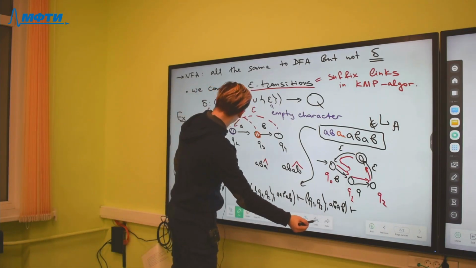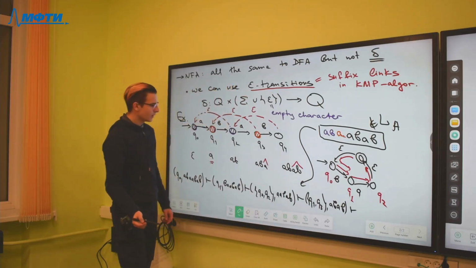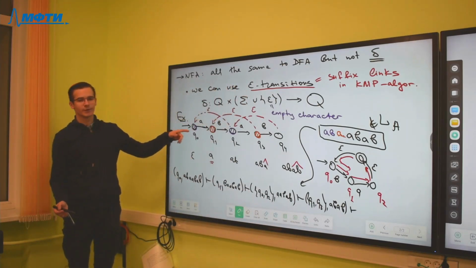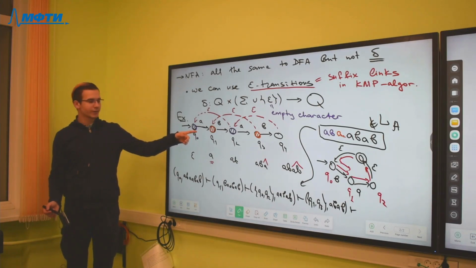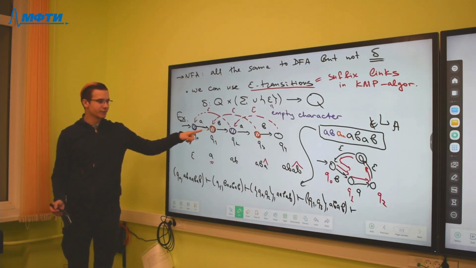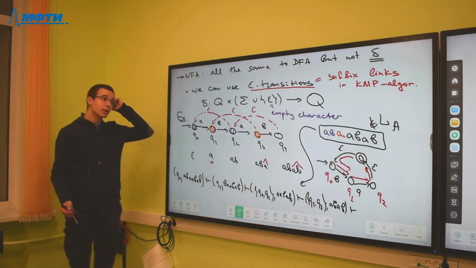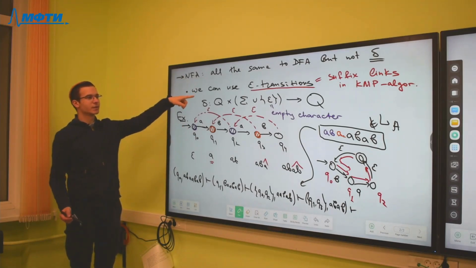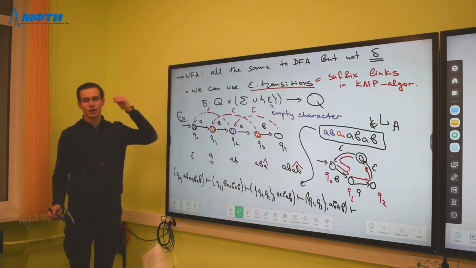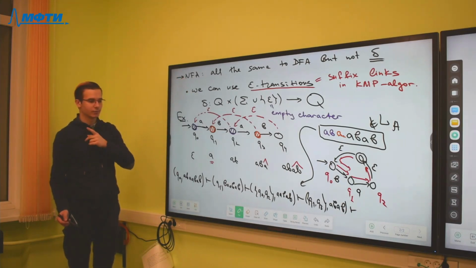But yeah, in the Knuth automaton, there is another link between these two states with the empty transition. So we can use empty transitions in the common way to build an FA. And it is one of the models.